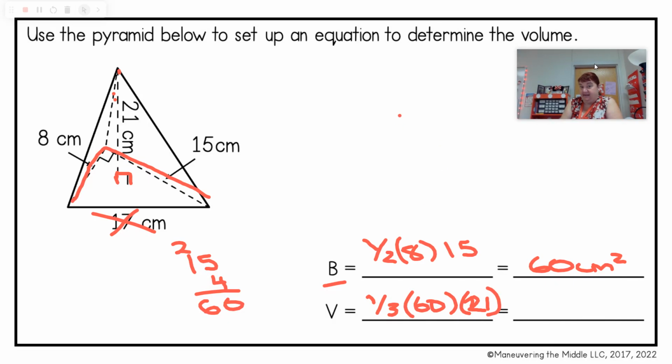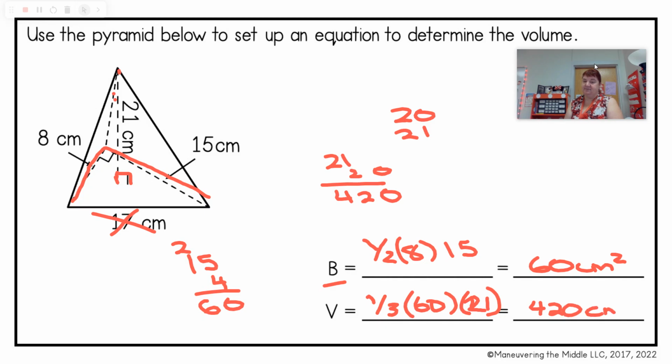That's just 20. So now we have 20 times 21. A faster way of doing that is 21 times 2, and then we'll add the 0 back in. So 2, 4, and then add the 0 back in. So 420 centimeters cubed. Okay, that's all your notes.